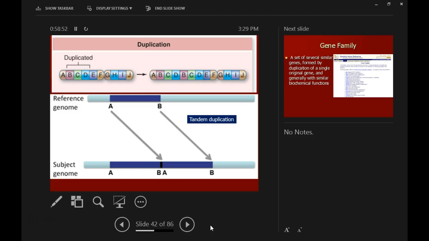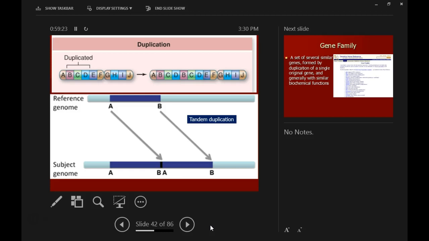In the same way with natural selection, if you have two genes, they both do the same thing, natural selection is going to be a little less strict because you have the original and you have a copy. And because of that, one of those can change, can have a mutation that might alter and give us a slightly different protein.